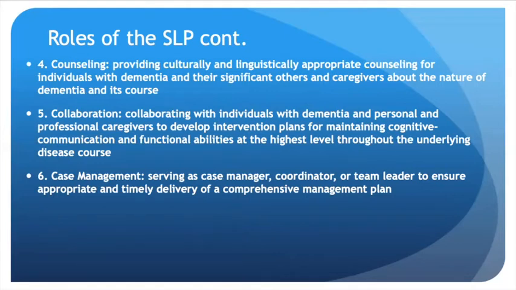We collaborate with other healthcare professionals as well as caregivers to develop intervention plans for maintaining functional communication abilities at the highest level possible. And we manage cases, so we can serve as case managers or coordinators or team leaders to ensure that the delivery of the management care plan is performed.